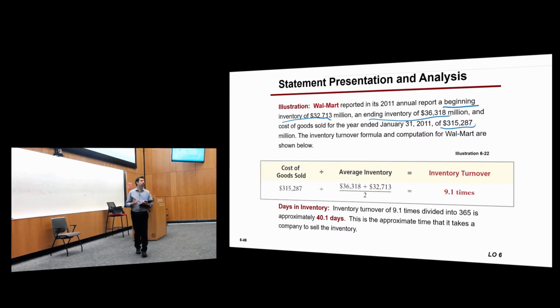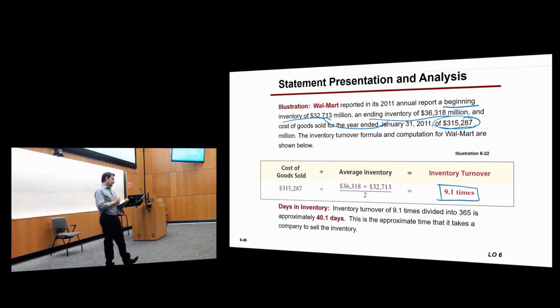Inventory turnover is equal to the cost of goods sold divided by the average inventory. So the cost of goods sold, you have it, and you divide that by the average. It gives you 9.1 times. What does it mean? It means that over the year 2011, Walmart sold their total inventory 9.1 times.